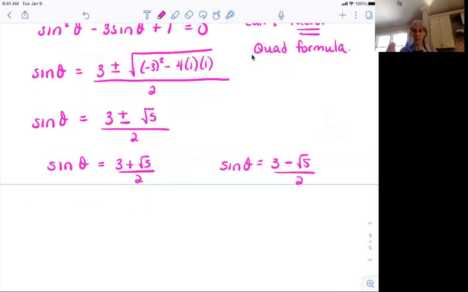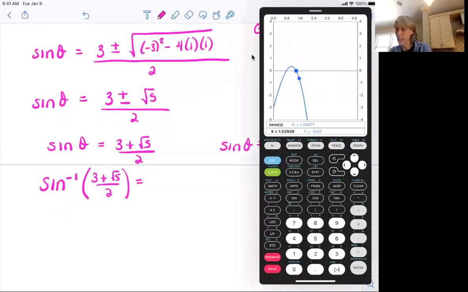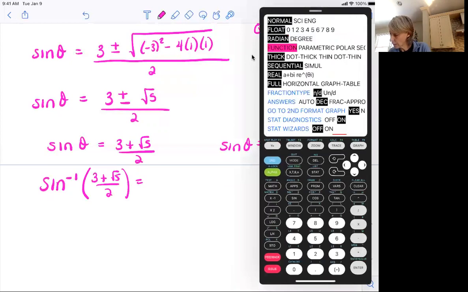How do we solve for the angle? Remember, second sine. I want the angle whose sine is 3 plus radical 5 over 2. I'm solving for an angle, so I want to be in degree mode. I know that's tricky.